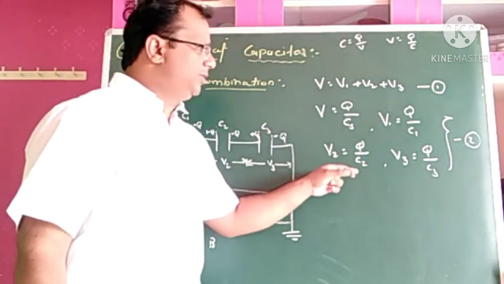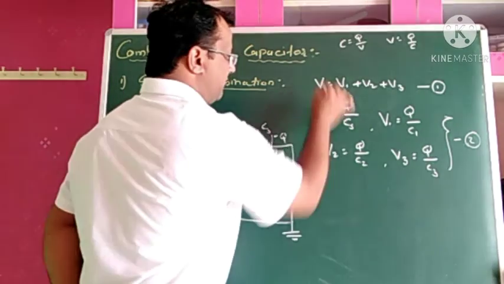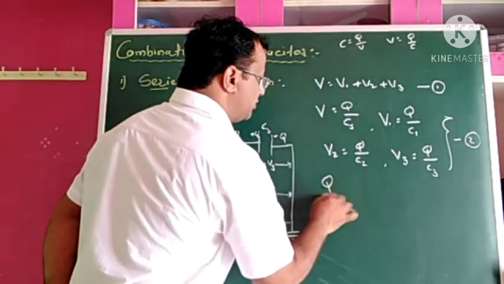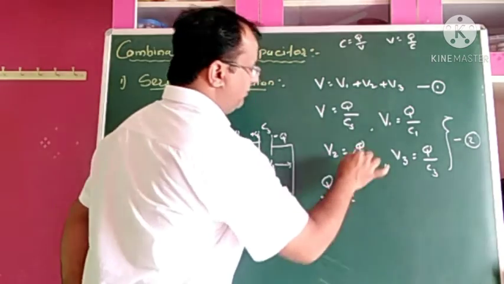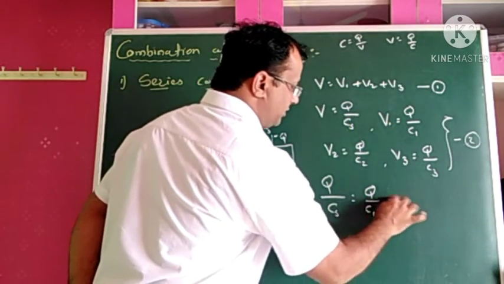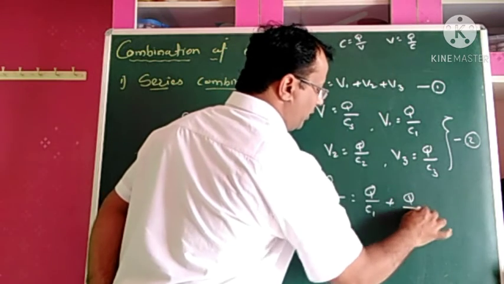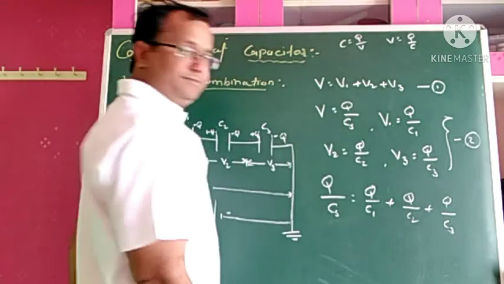Now if we substitute equation 2 in equation 1, the value of V is charge upon effective capacitance Cs, which equals Q upon C1, plus Q upon C2, plus Q upon C3.